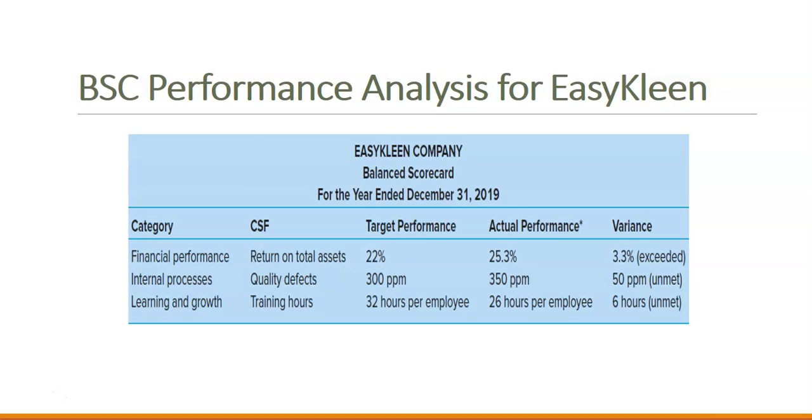When we're looking at these, for the financial performance, or return on total assets, they're looking for a 22% target. Well, they actually exceeded their return on total assets. What they did not exceed were the quality defects target and the training hours target. So we're comparing their target goals to their actual performance.